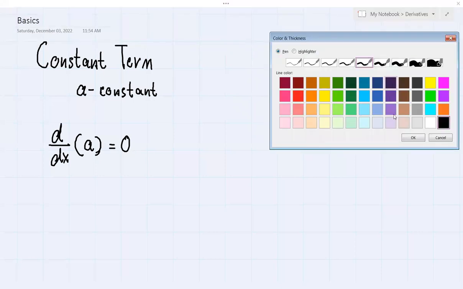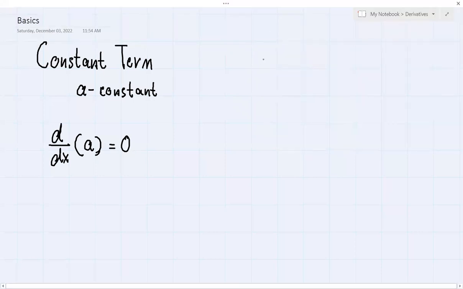Let me give you an example. Okay? Kunin natin yung derivative ng sabihin natin 3. Anong sagot natin dito? The answer is 0. Okay? Next. Kunin natin yung derivative ng negative 9.